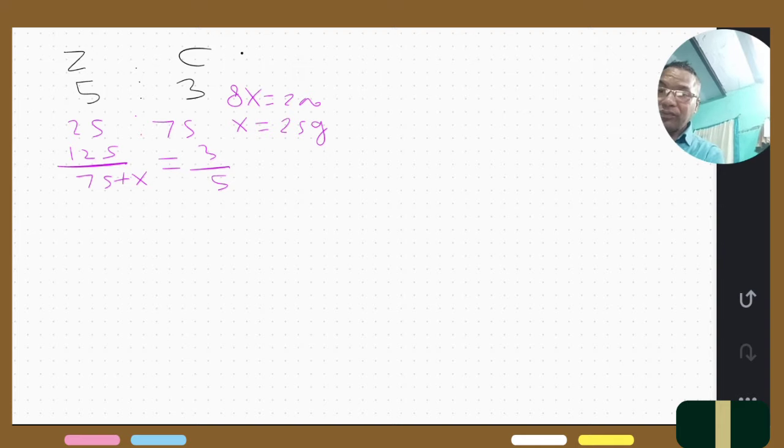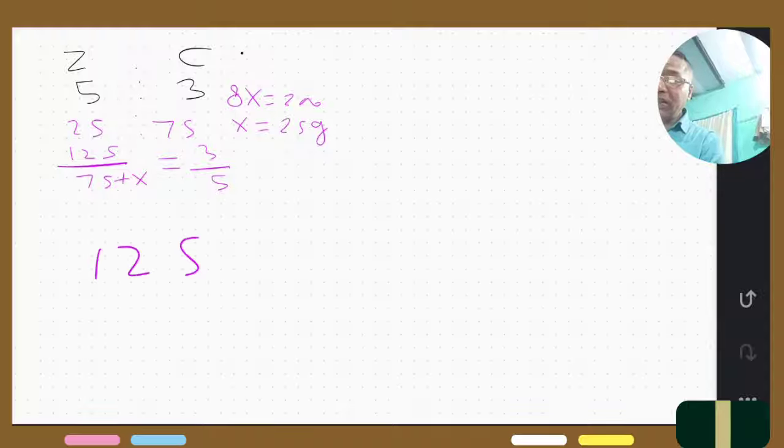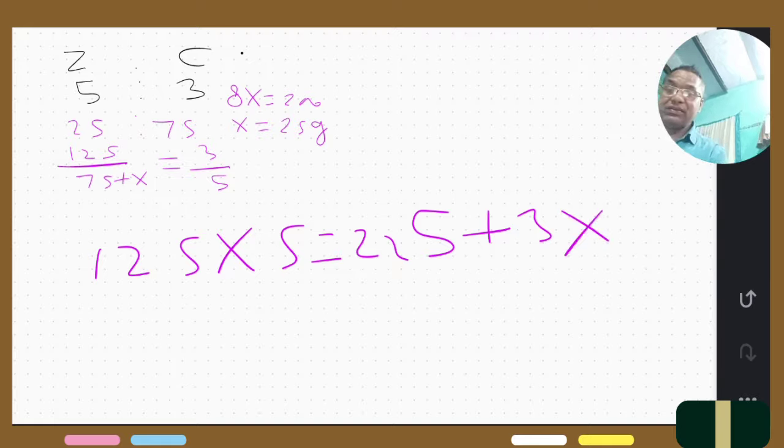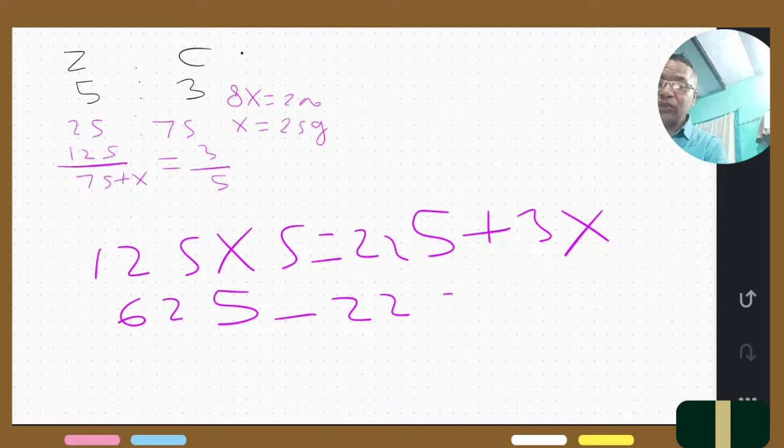Now this will become 125 into 5 equal to 3 into (75 plus x). 3 5s are 15, 225 plus 3x, and this will become 625, and I will transpose this 225. So 225 equal to 3x.